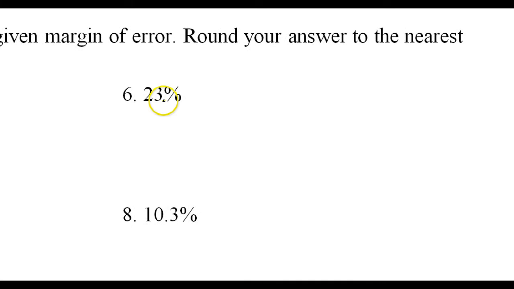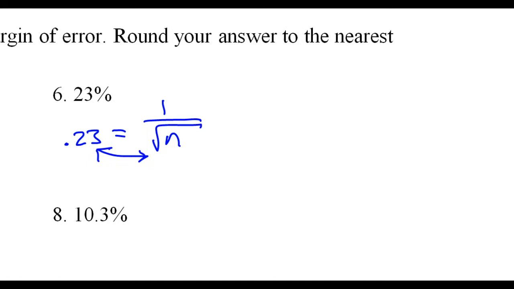Okay, let's do it again. So if this is the margin of error, as a decimal, that's going to be 0.23, and that should equal 1 over the square root of the sample size. If we do the swap thing that we do, that's going to give us the square root of n is equal to 1 over 0.23.